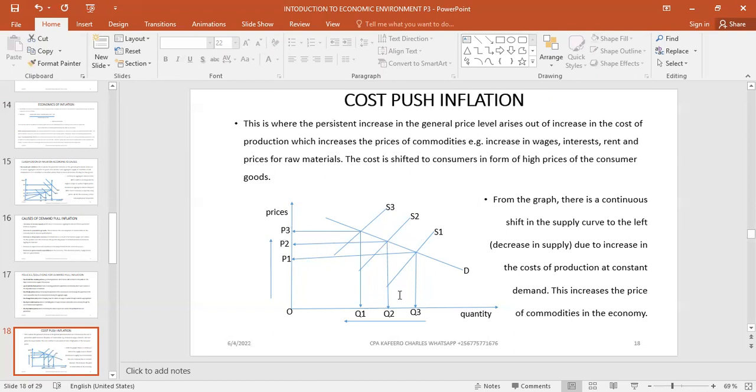When you increase the price, you are going to be selling smaller quantities. That's why, as the supply curve is reducing, the quantity supplied or demanded is also reducing. But it is reducing because of the increment in the prices, and that increment in the prices was a result of the increased costs of production.